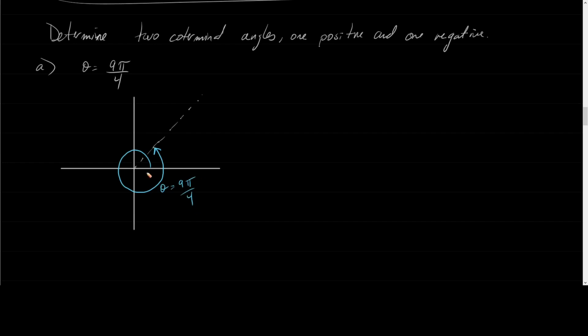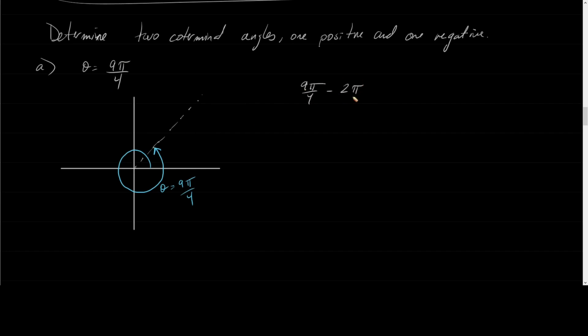Now we want two coterminal angles. So we want angles that start at the same spot and end at the same spot, right? We want to have the same initial and terminal side. Well, one thing we can do is remove rotations. For the first coterminal angle, I'm going to take 9 pi over 4 and remove one full rotation.